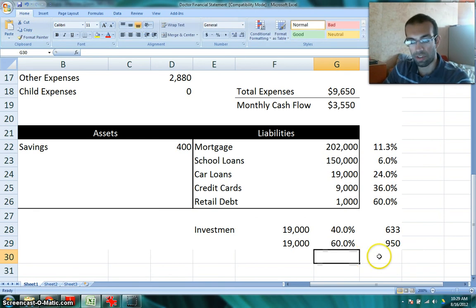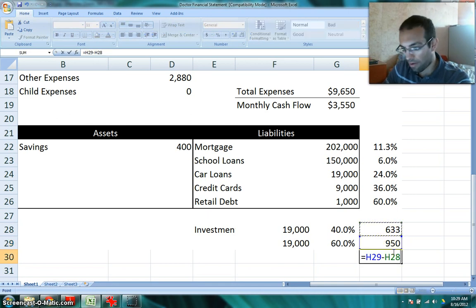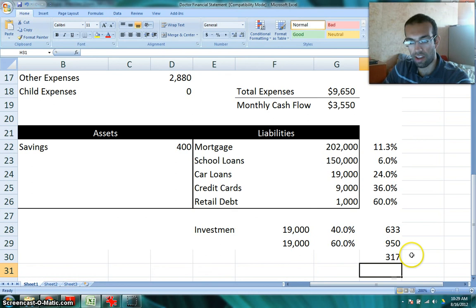Then by paying off my loan, my monthly cash flow is going to go up by $950, which is $317 more than if I had done that investment opportunity at 40%. So in this case, I would want to pay off my car loan if it was indeed at 60% interest. All right, so that's how I go about looking at it.